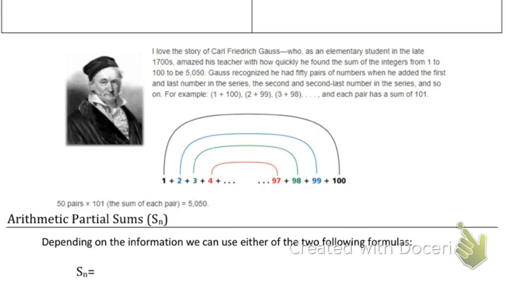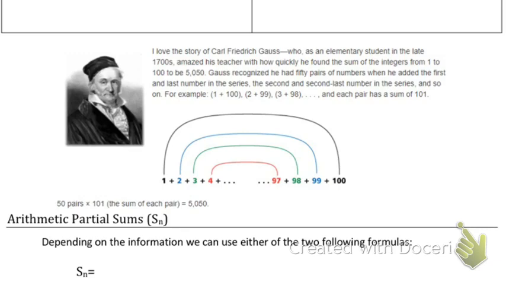It's just a whole bunch of pairs of 101. So what we're actually trying to do is notice that we have 50 pairs times 101 equals 5,050. So all he had to do is multiply 50 times 101. Obviously, he had to understand that these pairs existed and how many pairs there were.